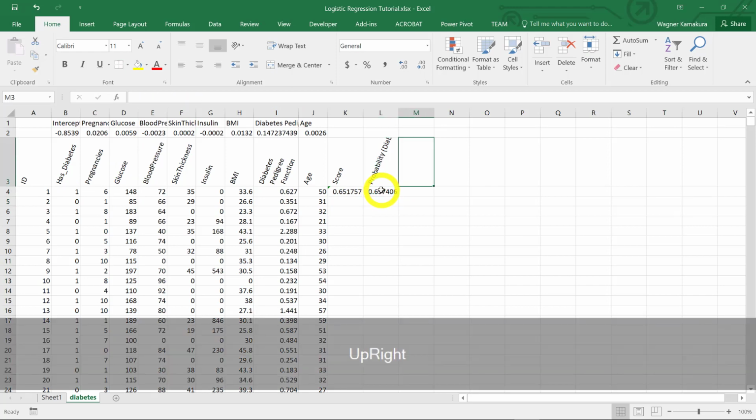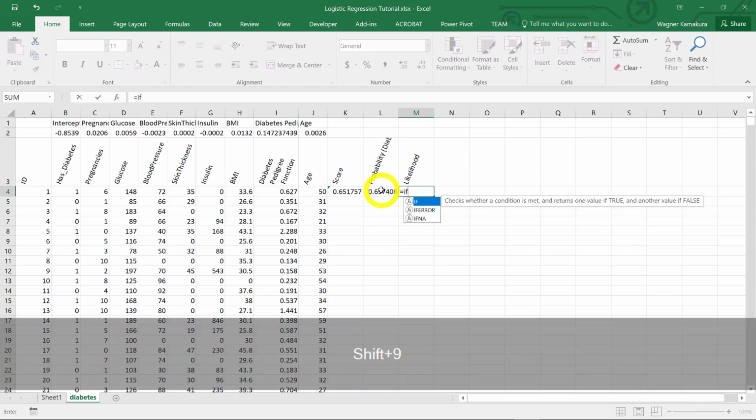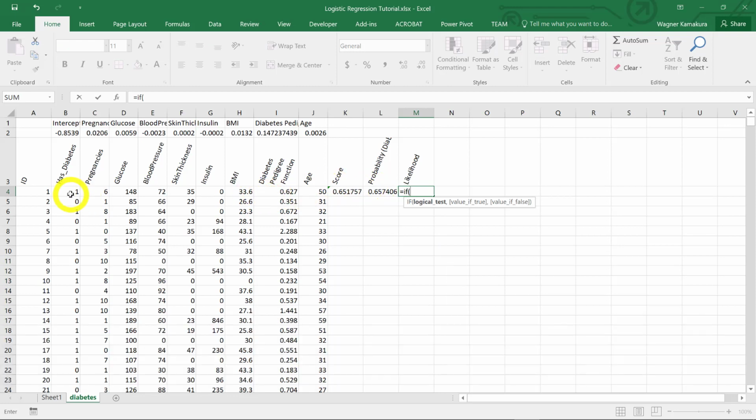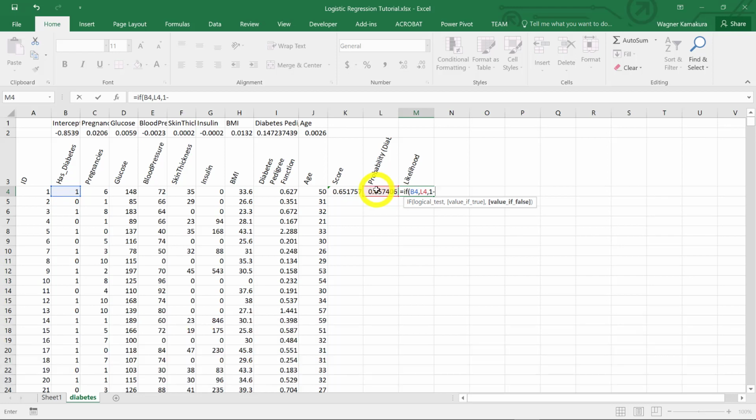Now we're going to calculate the likelihood, not the likelihood of having diabetes, but the likelihood associated with the actual event, whether the person has it or not. If the person has diabetes, which is the case for the first patient, then the value of the likelihood should be the probability. On the other hand, if the patient does not have diabetes, the likelihood should be 1 minus the probability of having diabetes.